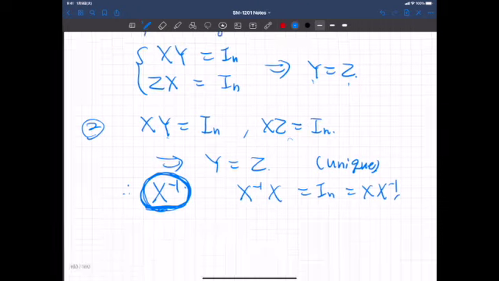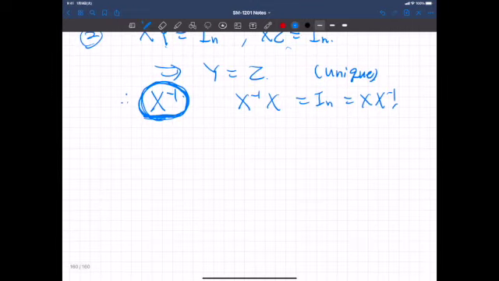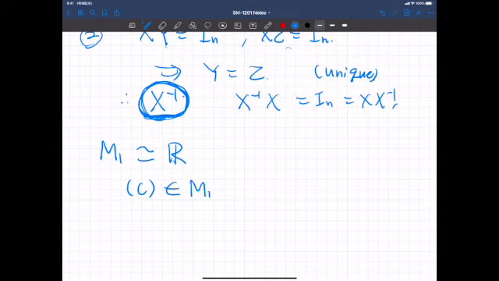Let's consider a very easy example. M1 is the set of one by one matrices of real numbers. This is actually the same as the set of real numbers. If we have a one by one matrix C from M1, then its inverse C inverse is 1 over C, if C is not equal to 0.